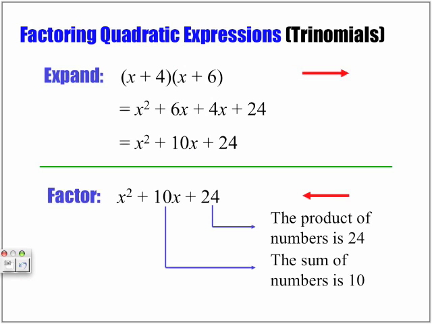Just as we saw in the previous slide, when we factor x squared plus 10x plus 24, we get our original expression: x plus 4, and then another set of brackets, x plus 6. And again, remember, the order does not matter.